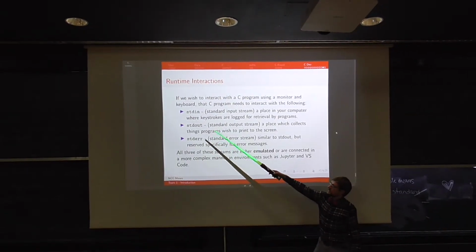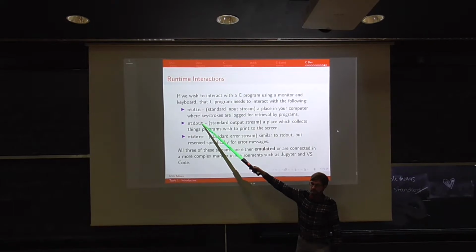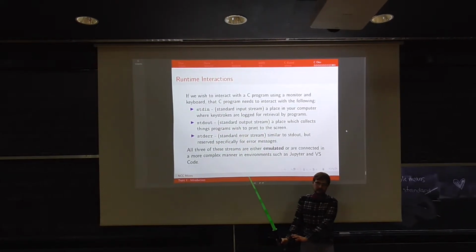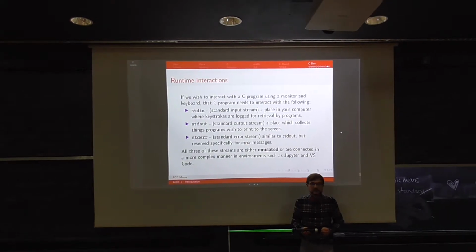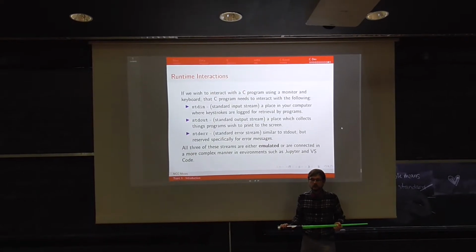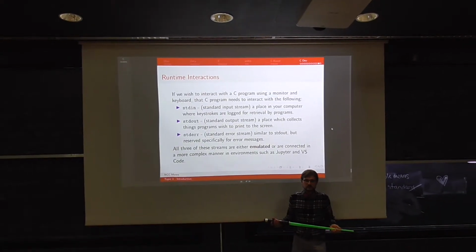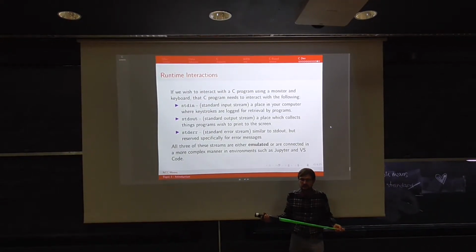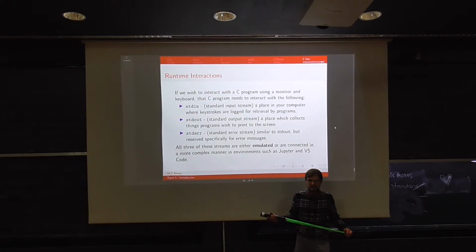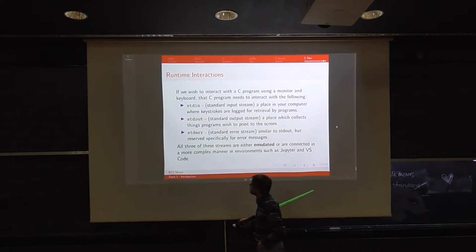Standard error works in the same way as standard output, but it's separately maintained and specifically for error messages. Does that make sense? So when I'm talking about standard input and standard output, I'm talking about buffers, right? Places where characters are stored.